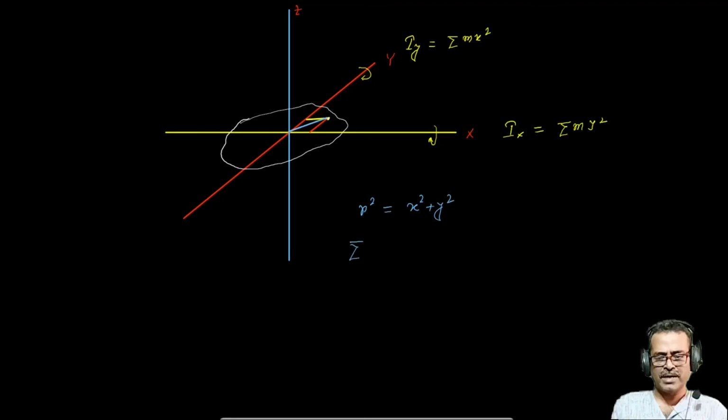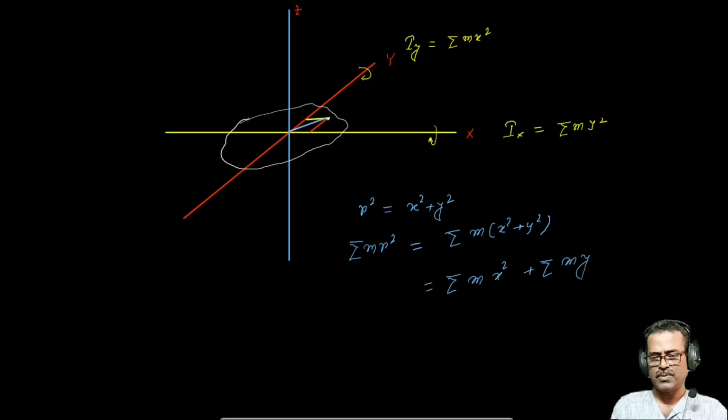Sigma m r square is equal to sigma m x square plus sigma m y square, that is Iz equal to Ix plus Iy.